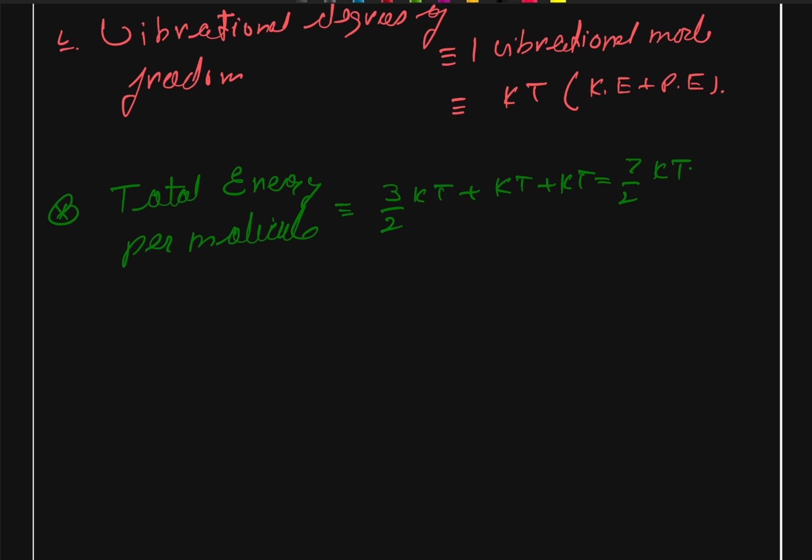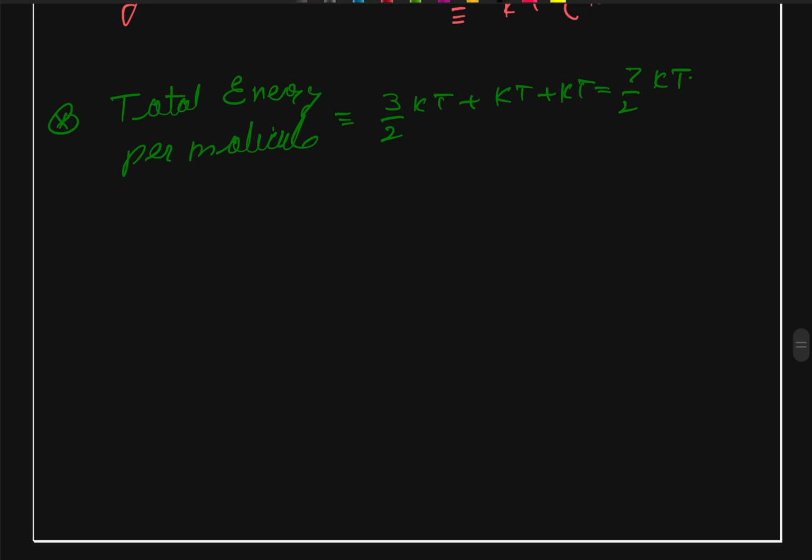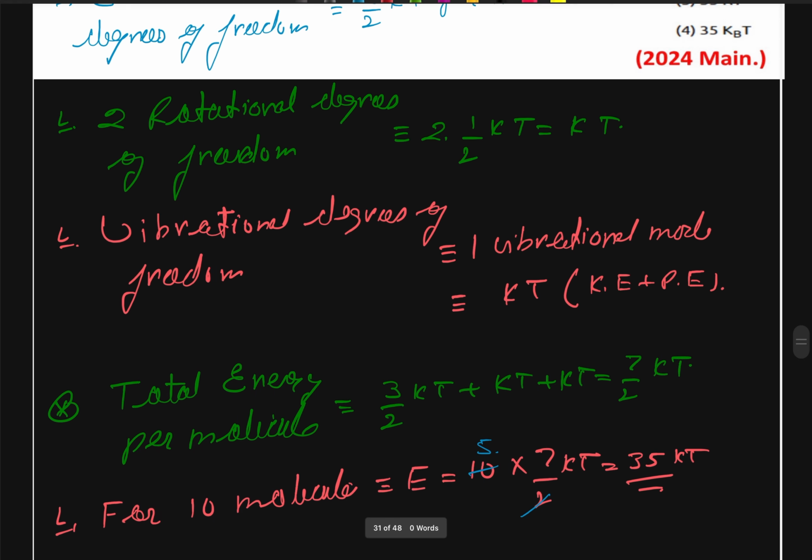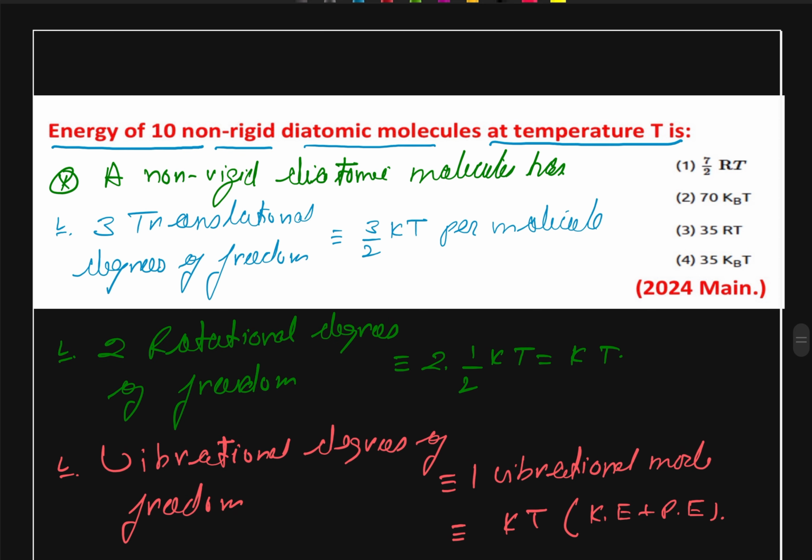And for 10 molecules, we can say that our energy E will be equal to 10 multiplied by the per molecule energy, and this 10 goes by 5, so this gives 35 kT. So option number 4 is correct.